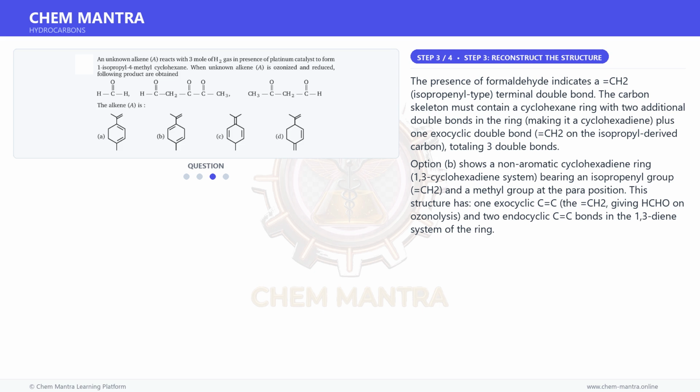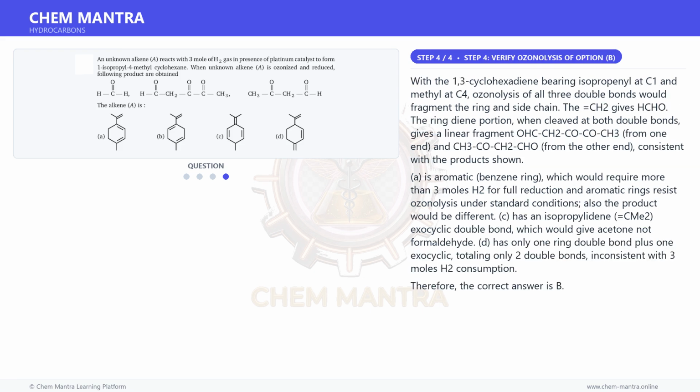This structure has 1 exocyclic C=CH2, giving HCHO on ozonolysis, and 2 endocyclic C=C bonds in the 1,3-diene system of the ring. And for the final step, with the 1,3-cyclohexadiene bearing isopropenyl at C1 and methyl at C4, ozonolysis of all 3 double bonds would fragment the ring and side chain.